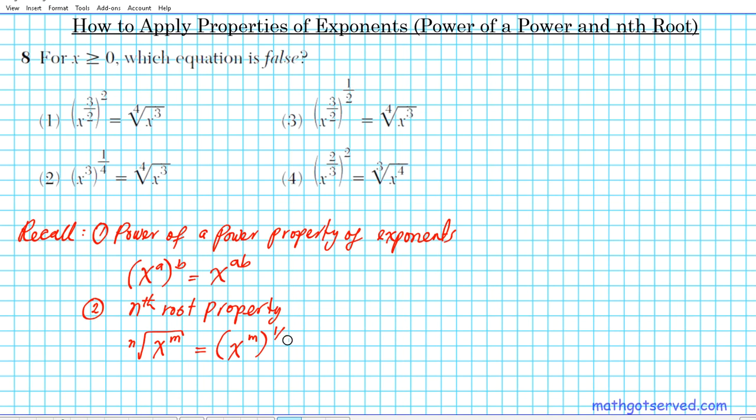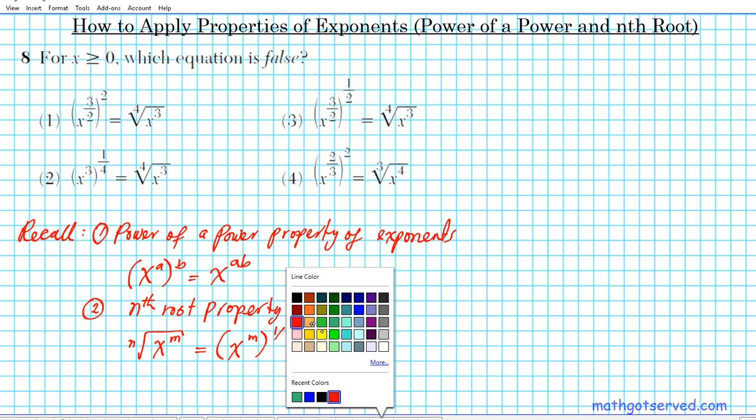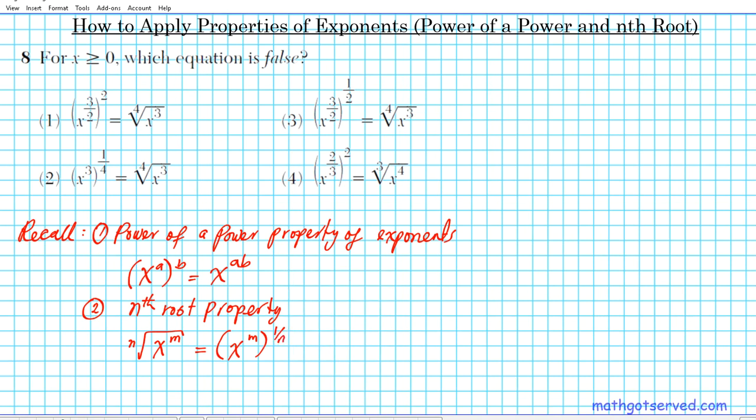And then we can apply the power of a power property here. That's going to be x to the, multiply the powers, m over n. Okay, so these are the two properties that we're going to be using.